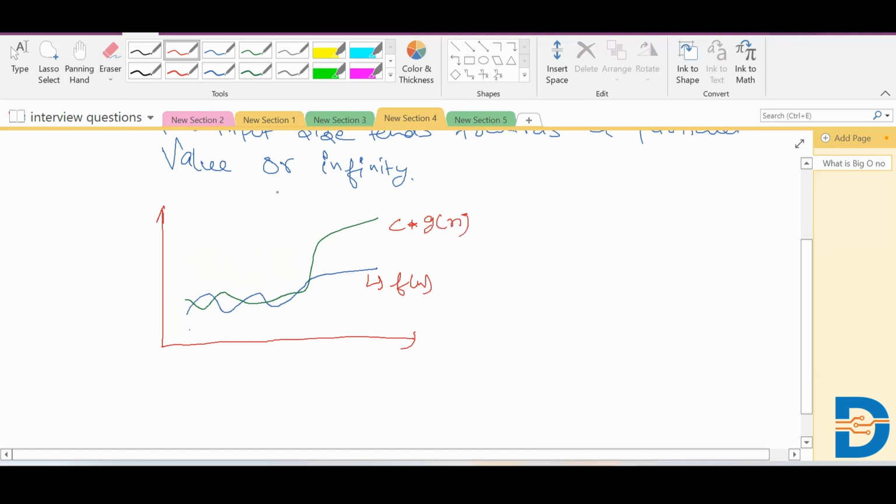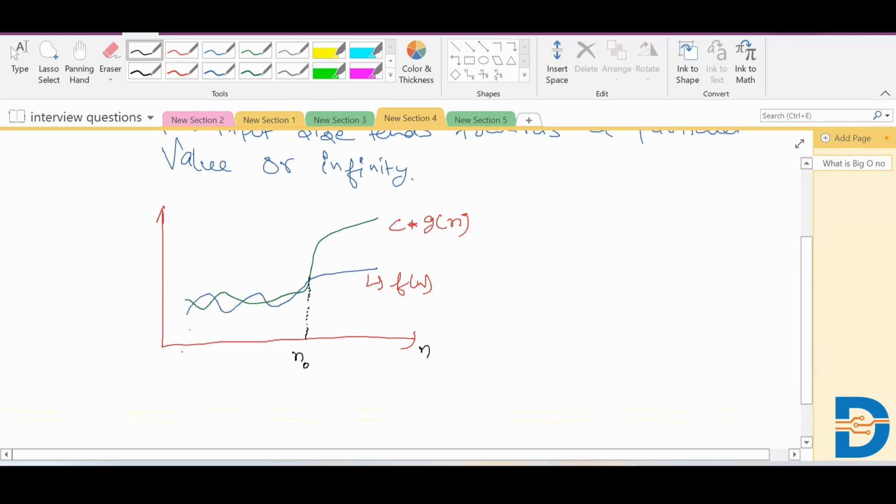So you see, I said that it is used to classify algorithms in terms of processing time when we increase the input size after a certain point. That certain point is denoted as n naught.